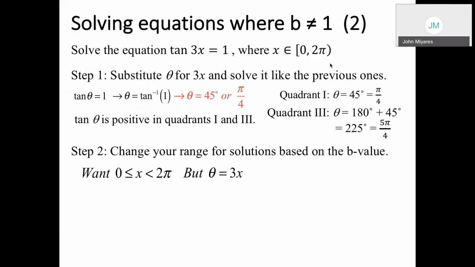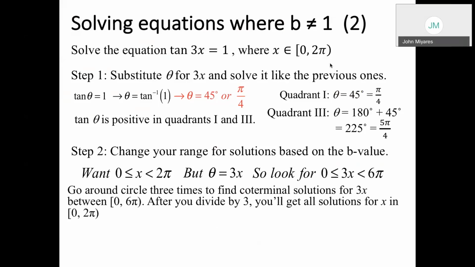So if I want all angles for x to be between 0 and 2 pi, I'm going to need my angles for 3x to be between 0 and 6 pi. In essence, I want to go around the circle 3 times and look for all solutions that will fall between 0 and 6 pi, so that after we divide by 3, everything we're left with will be solutions between 0 and 2 pi.